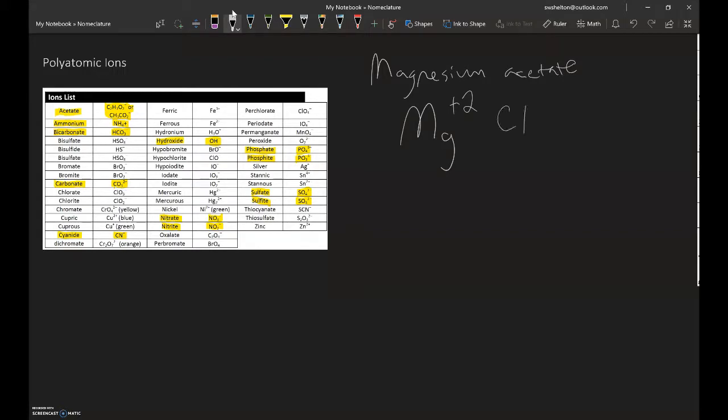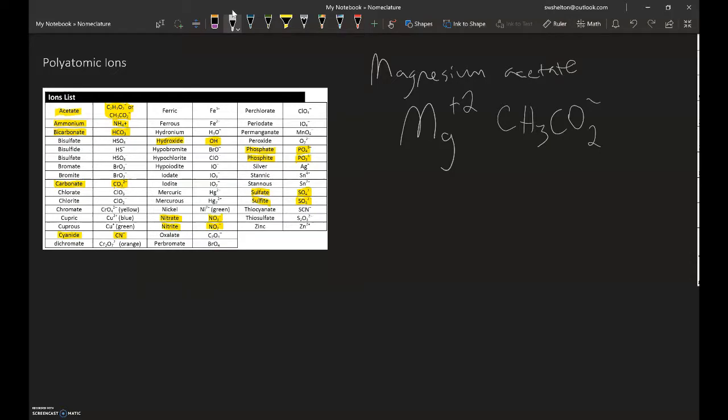I'm just going to use the CH3CO2 -1. And what we see right now is that the charges are not balanced out. So what we need to do is make sure we have the right number of acetates so that charge balances out with the magnesium's +2 charge. In this particular case, you're going to need 2 acetates for every 1 magnesium.